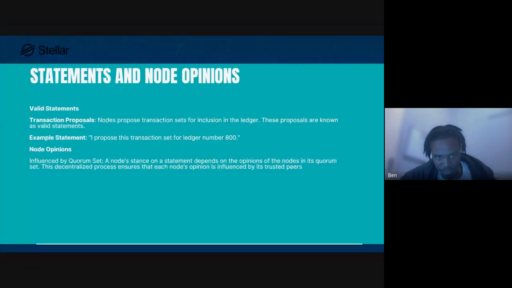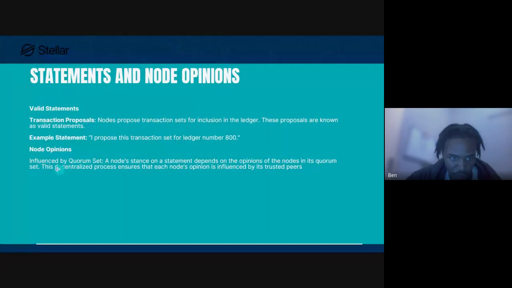We'll get more deep into that. So a transaction proposal is basically just proposing a transaction. For example, I propose this transaction set for ledger 800. This is basically the first step before validating any transaction. So there has to be a transaction proposal.